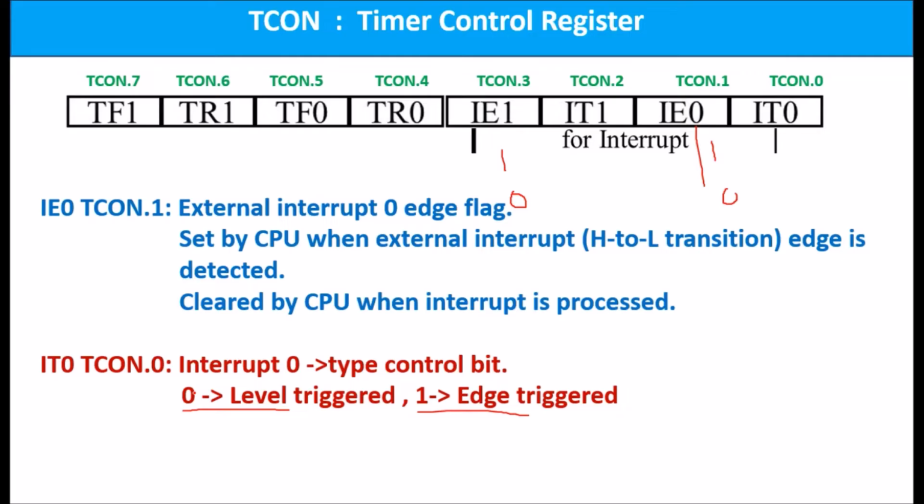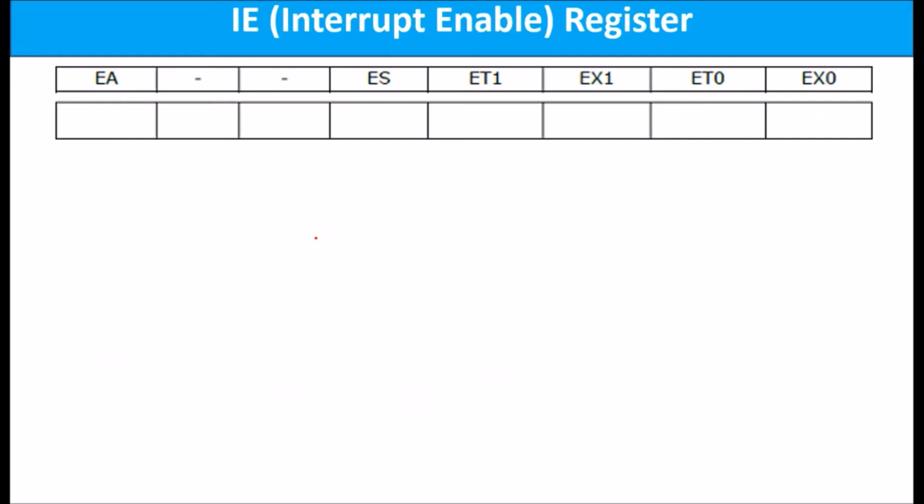By default, this bit is 0, that means by default we use level trigger interrupts. If you want to use edge trigger interrupt, you can set this bit to 1. This is for both the interrupts, hardware interrupt 0 and 1.